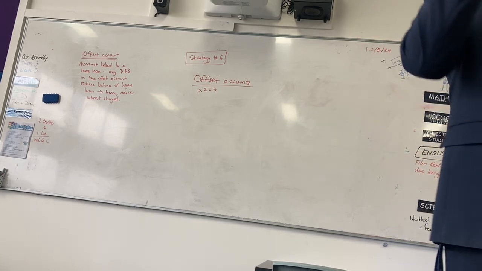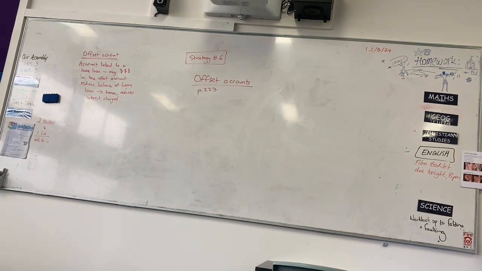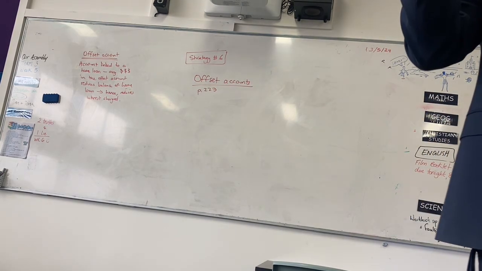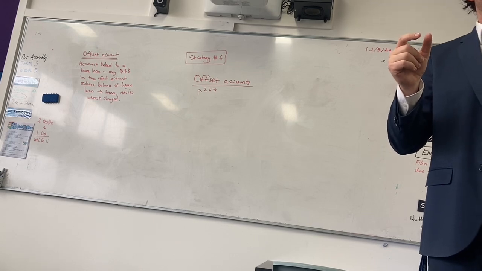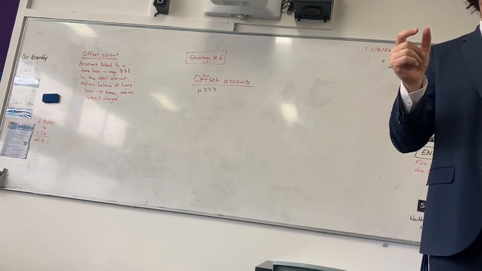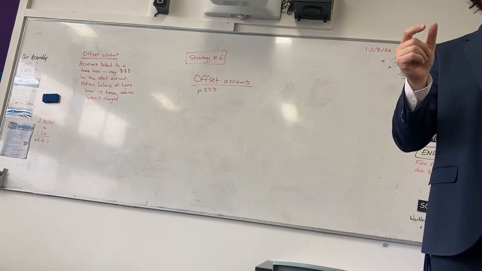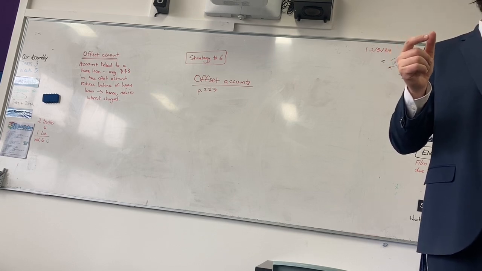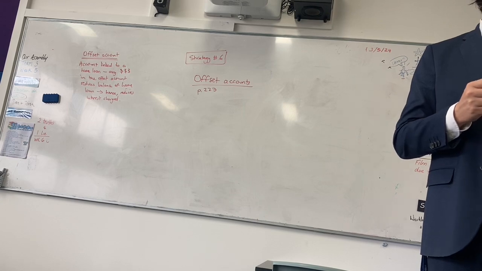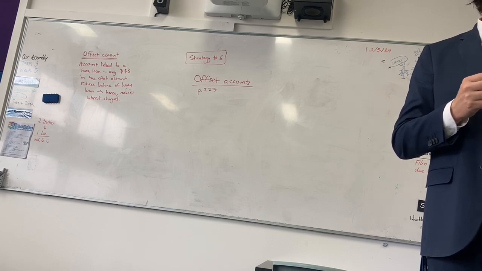What might be the positive of, rather than making an extra payment on the loan, just having it sitting in an account? Is there any advantage to having it just in an account rather than having paid it off the loan? Probably not, yeah. That's true.